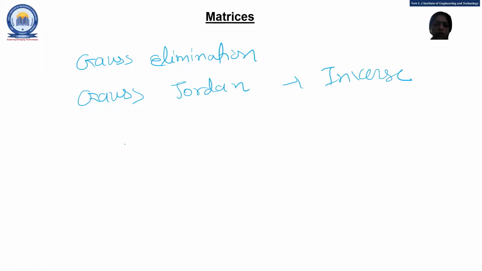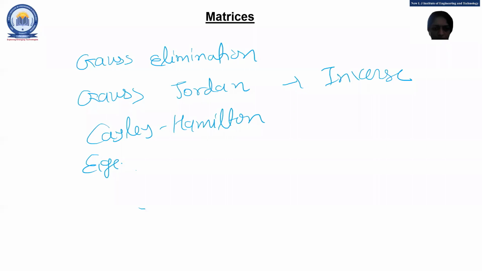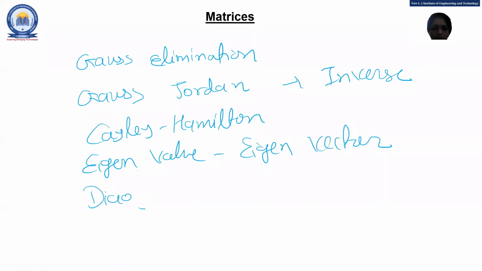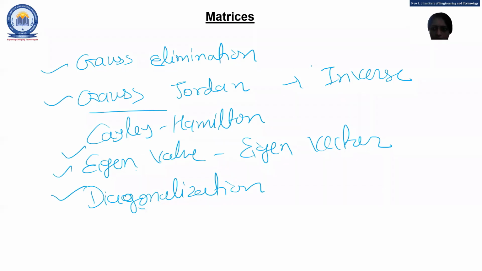And the next one, we have done Cayley-Hamilton. Yes, I forgot to write eigenvalue, eigenvector. This is also helpful in Cayley-Hamilton and in our today's topic, that is the diagonalization method. So these 5 are the most important, and with the help of Gauss-Jordan, you have to practice finding the inverse.